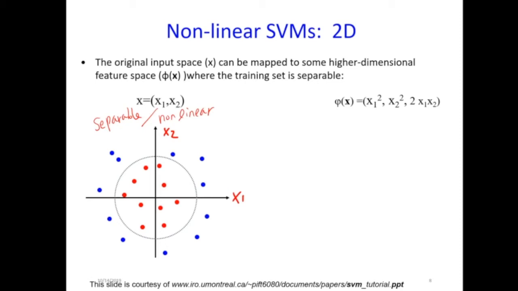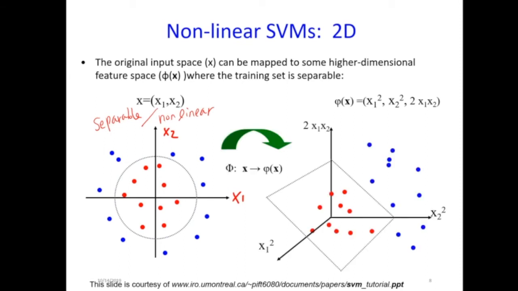However, if you extend x into phi x, by adding one more feature, x1 times x2, and also using x1 quadratic and x2 quadratic as the representation, then you can find a linear hyperplane to totally separate the two classes. Okay, any question about this?